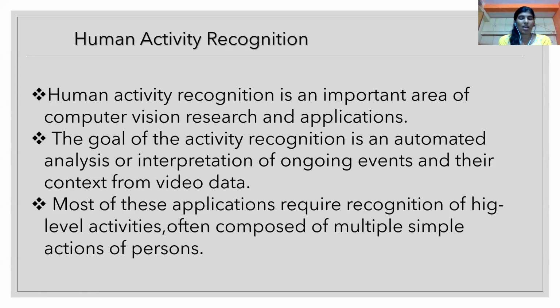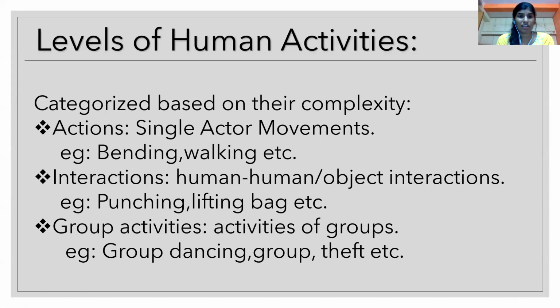Most of these applications require high-level activities, often composed of multiple simple actions of a person. There are several levels of human activities. A few are given below. Action: single actor movement.